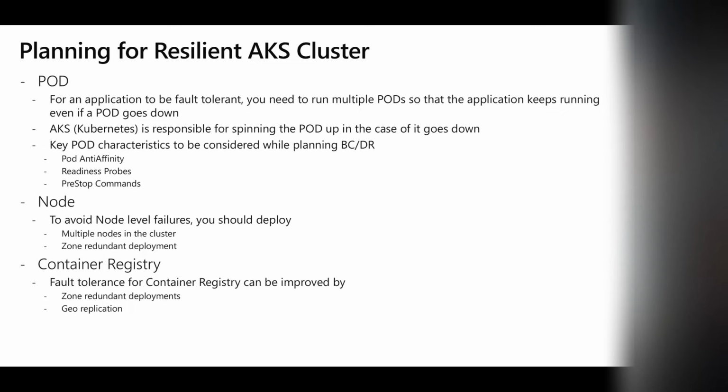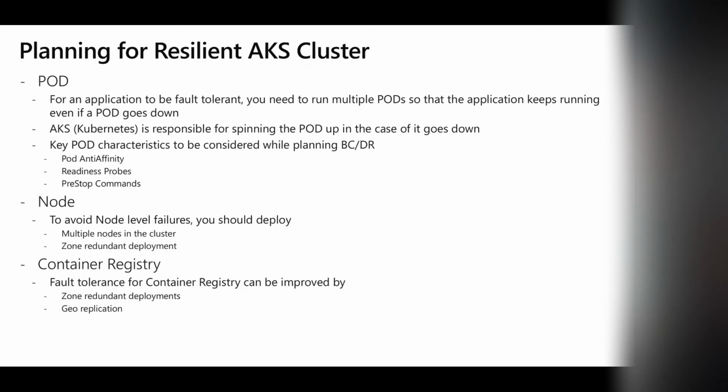Okay. Second one is at the node. So nodes are, as I said, a virtual machine which are running Kubernetes software, and then you have pods running on top of it. So what do you do with them? Once again, as you can see in AKS, you can do a zone redundant deployment. In the case of AKS, they are run as VM scale sets.